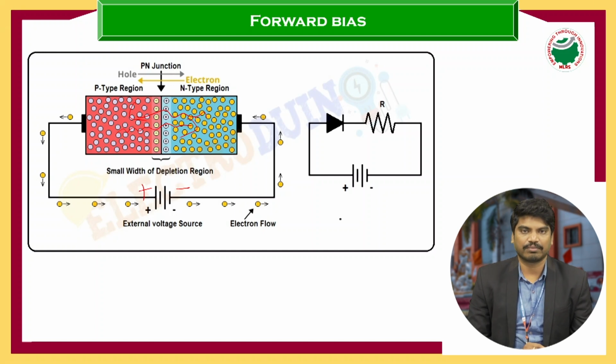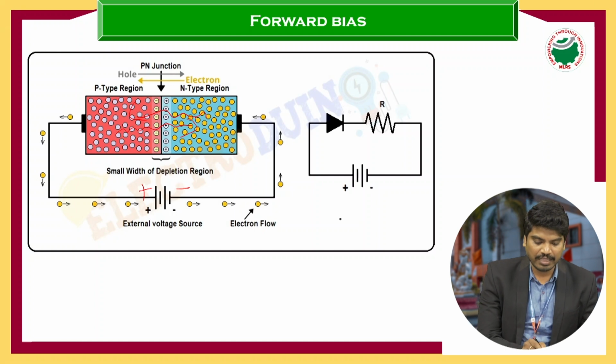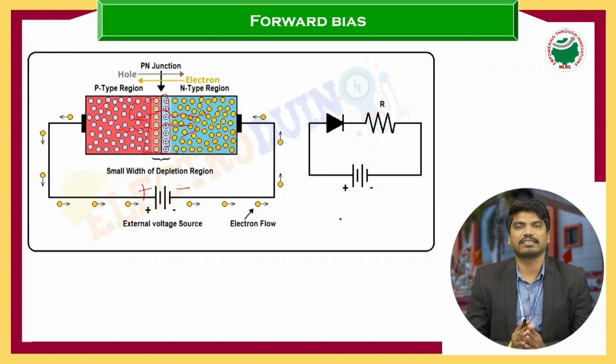That means in a forward bias, positive terminal is connected to the P side and negative terminal connected to the N side, so the charge carriers are pushed towards the junction. Then what happened? The depletion region decreases, or after some time it may disappear because of the high flow of current.